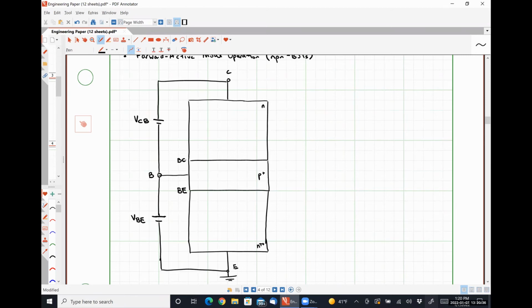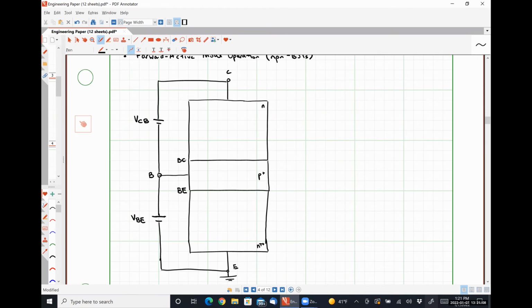And I've drawn it in such a way that the positive polarity terminal of VBE is connected to the base, and the negative polarity terminal of VBE is connected to our N-type emitter, so that this junction should be forward biased. And based on the polarities of VCB, where the positive polarity terminal is on the N-type and the negative polarity terminal is on the P-type, this junction should be reverse biased, which is exactly the conditions that we need for forward active mode operation.